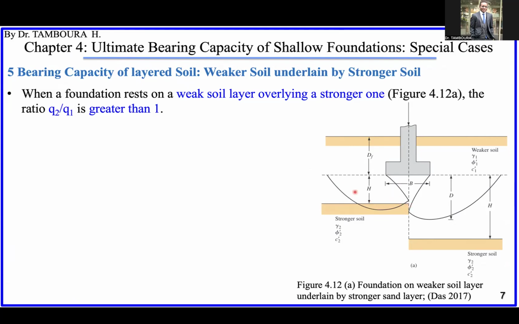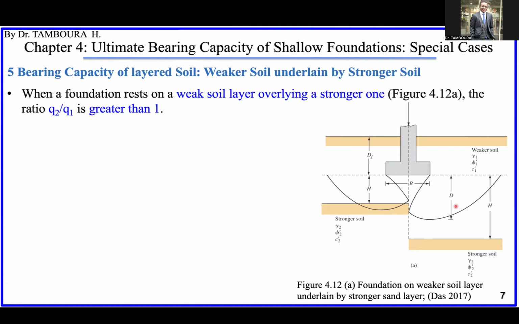As you can see, on the left, the slip surface, the failure line, is crossing the border. In that case, the bottom layer will contribute to the bearing capacity, and since the bottom layer is stronger, it will increase the capacity. On the other hand, on this side H, the upper layer, is thick enough so that the failure is confined only to the upper layer.